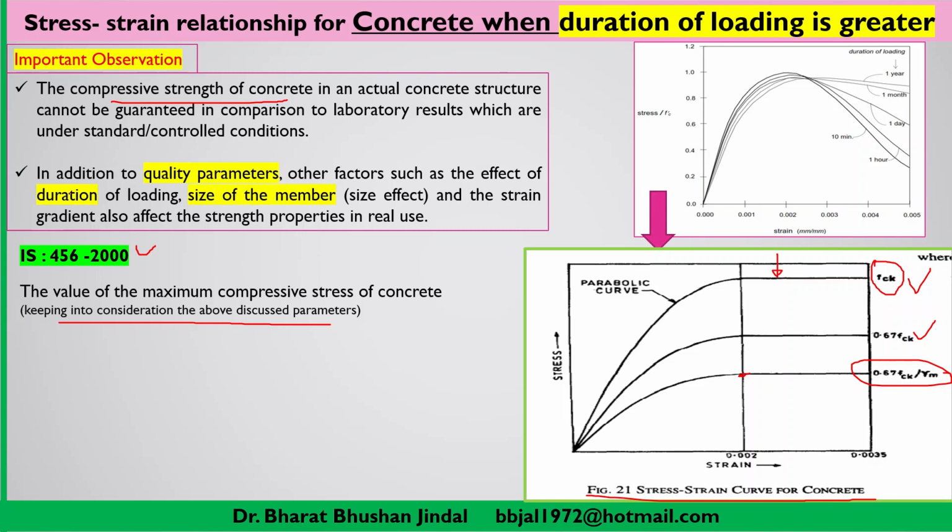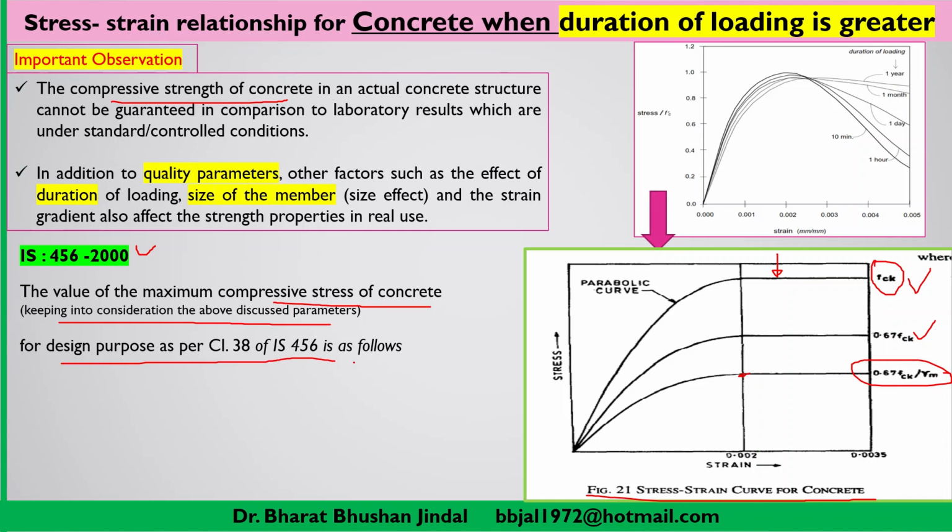If we take all these parameters into consideration, then IS 456 suggests the maximum value of the compressive stress of concrete which you can take into consideration while designing and doing the analysis.